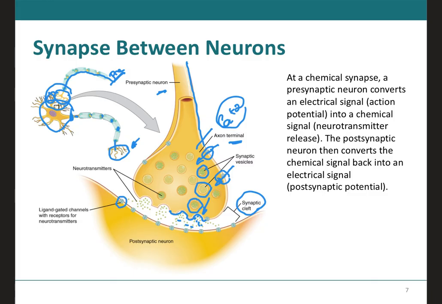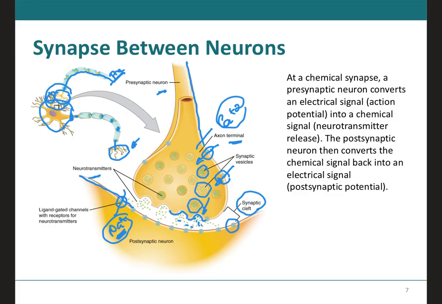If these neurotransmitters are excitatory, what will happen? They will open up these ligand-gated channels and sodium will come in through them. What binds to the ligand-gated channels are the neurotransmitters. If enough sodium comes in, it will start to depolarize this membrane.